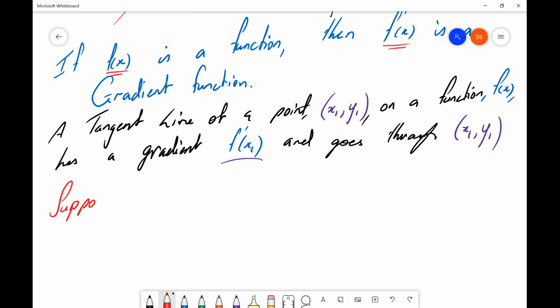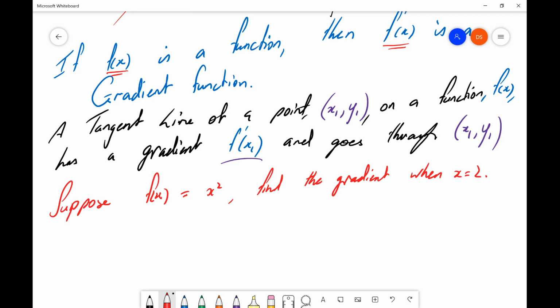Suppose f of x is equal to x squared. If f of x is equal to x squared, find the gradient when x is 2.